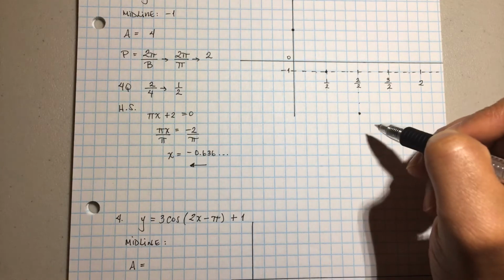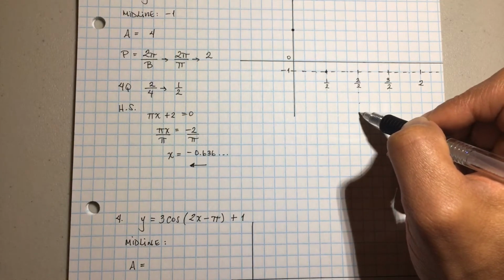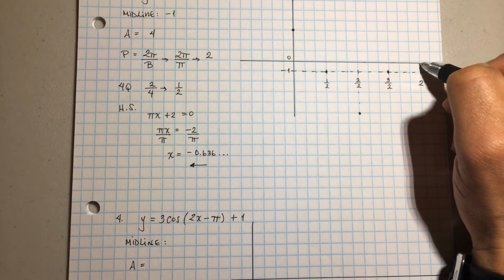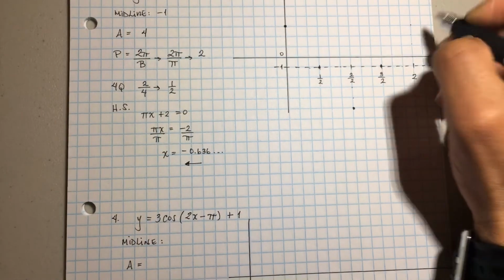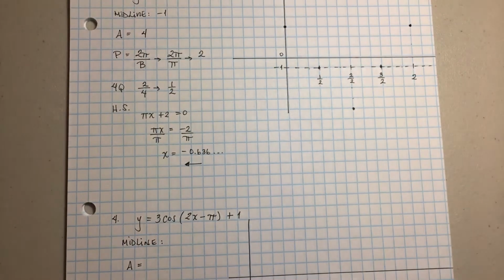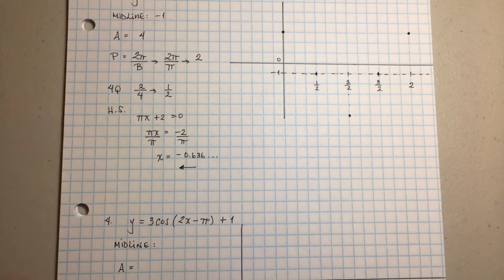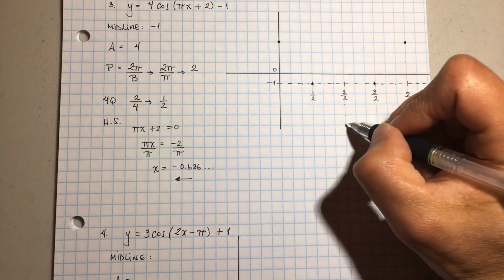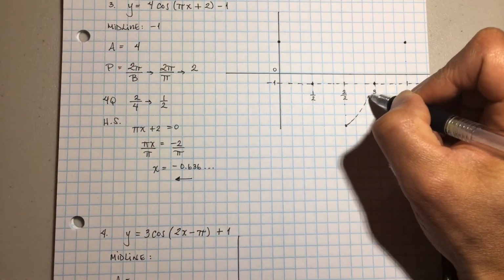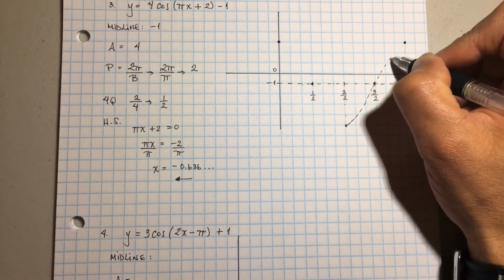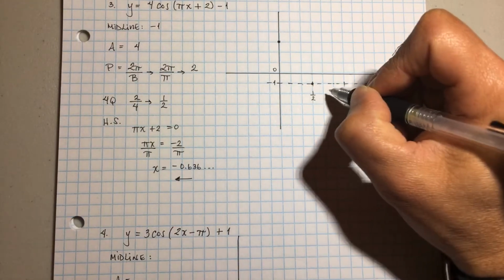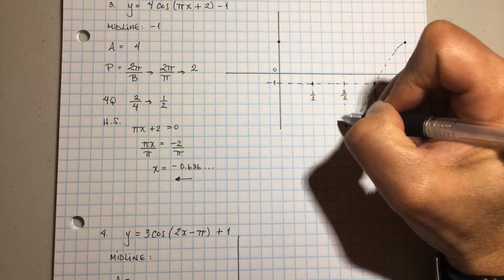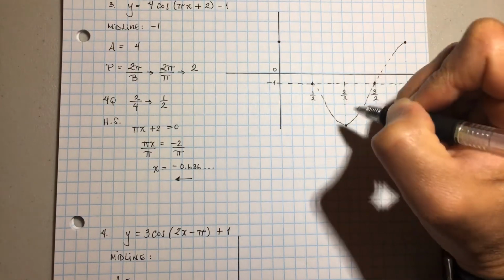And then goes back up to the midline. And then goes back up to the amplitude. 1, 2, 3, 4, right up here. Okay. Now, if you notice it's a little bit more stretched out because of the amplitude. Okay, so then let's go ahead and do that. It's a lot more steep, and that's okay. And trying to be as neat as possible.